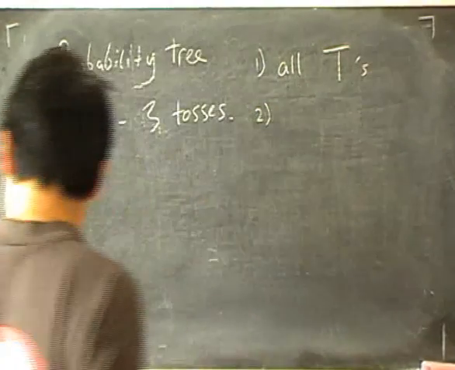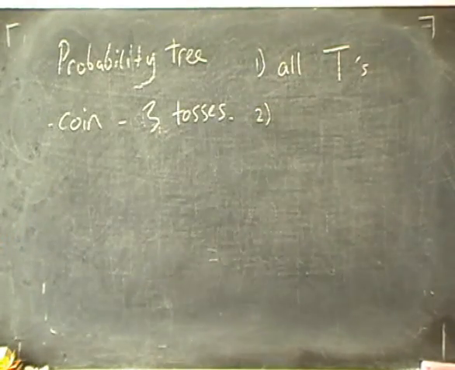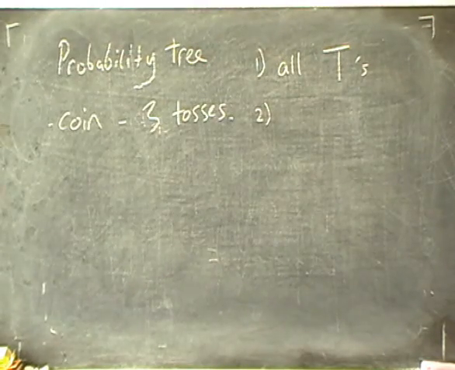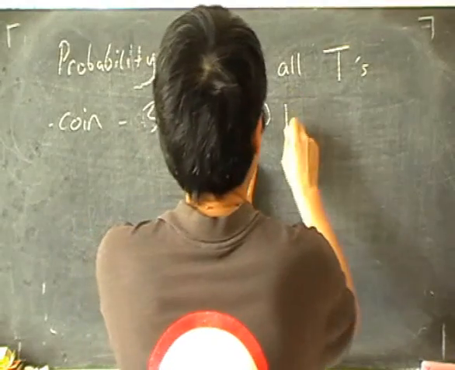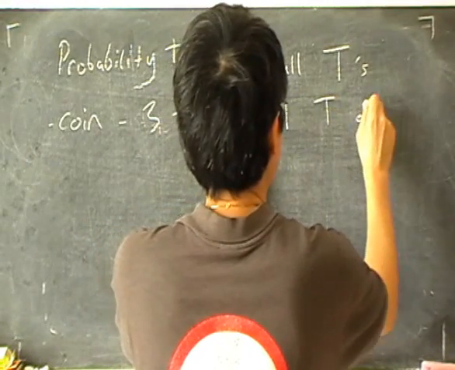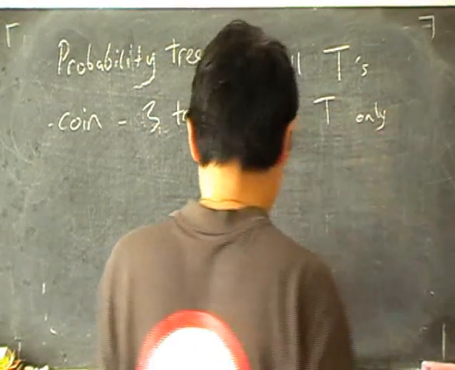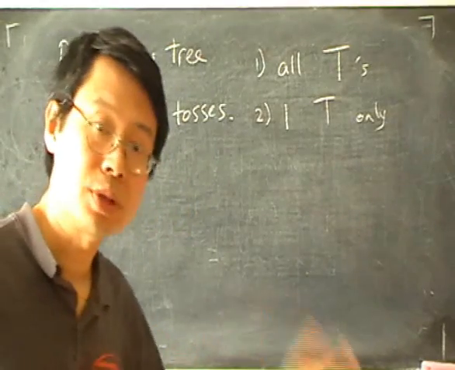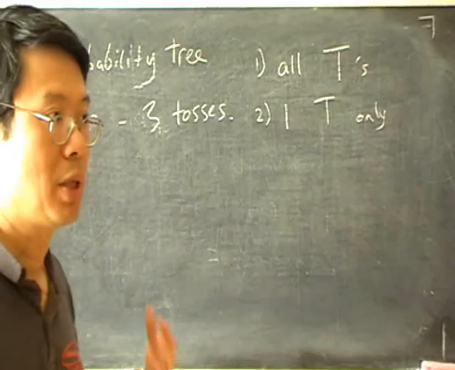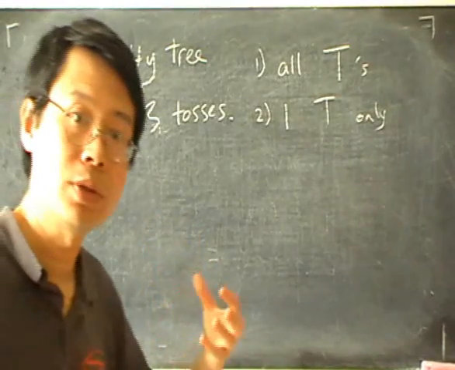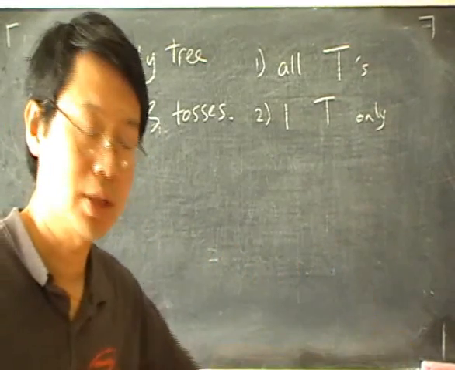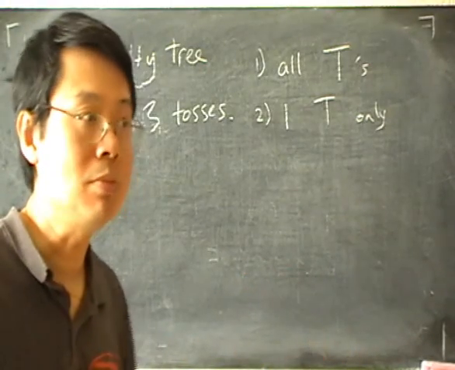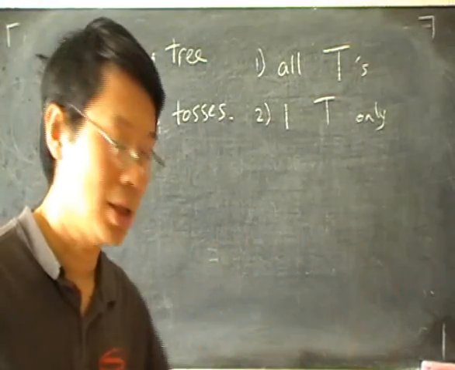The other case is when I get 1 tail only. So this means that I toss it 3 times, so maybe I'll get a tail in the first time and head in the next 2 times, or I might get a tail in the second time but head in the first time and the last time.